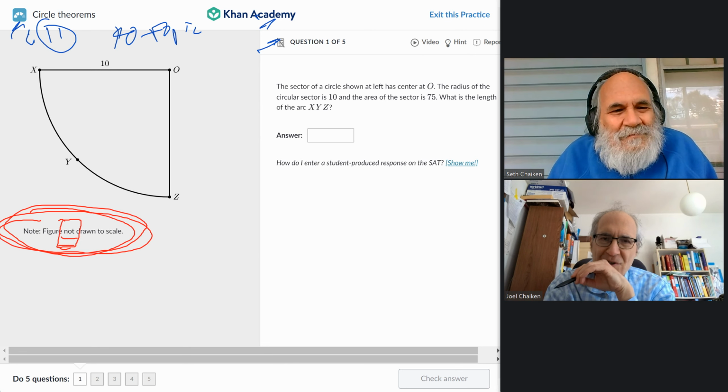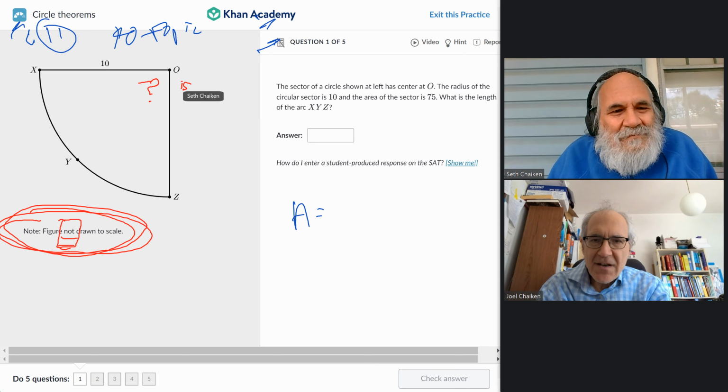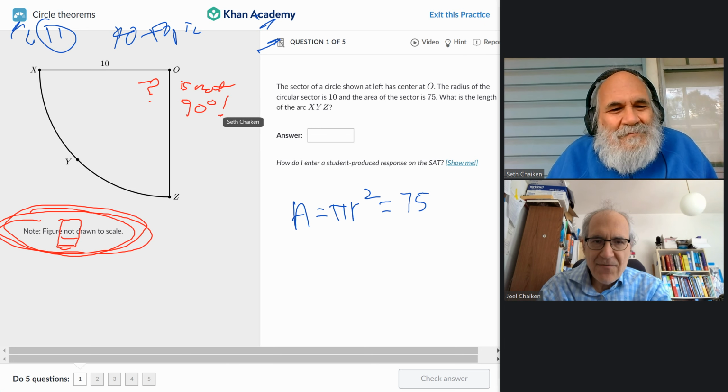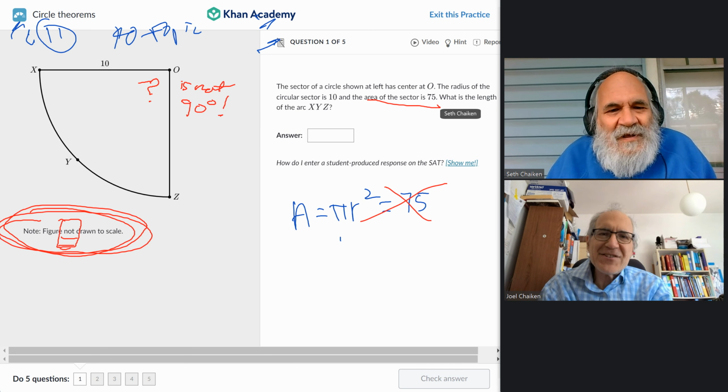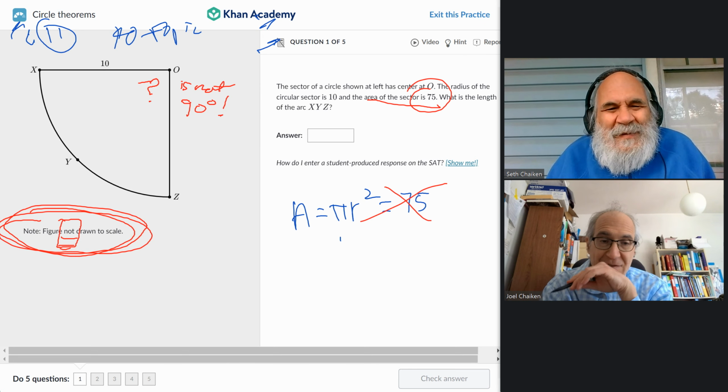Okay, so maybe we'll do it the straightforward way. If the area is pi r squared, and the area is given to you as 75, then the other way to do it is a quarter of a circle. Oh, maybe that's the way to do it.